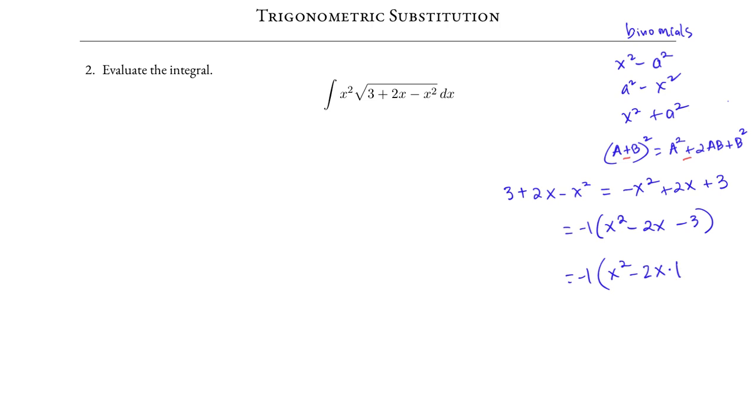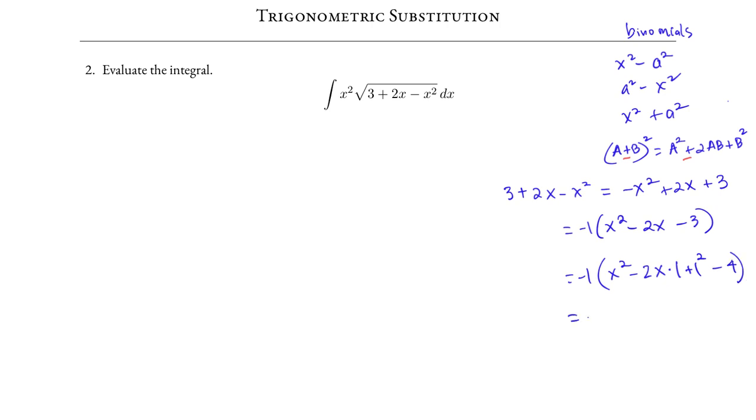That means the second term in the square has to be 1 squared. But 1 squared is different from negative 3. To obtain negative 3 back, we will need to subtract 4.